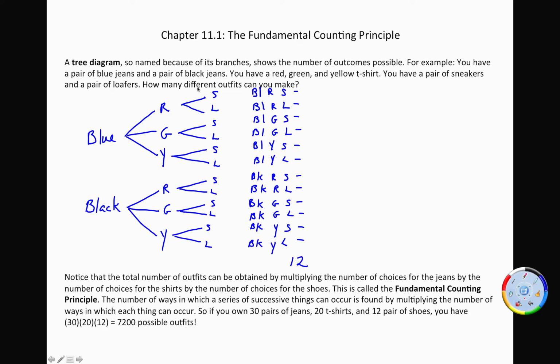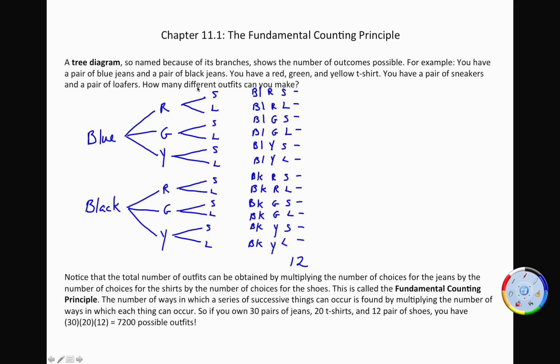From New York to Paris, the options are limited to airplane or ship, so only 2. How many ways can the 2-part trip be made? 6 different ways. And once again, if I needed to know what each of the 6 methods was, then I would make my tree diagram.